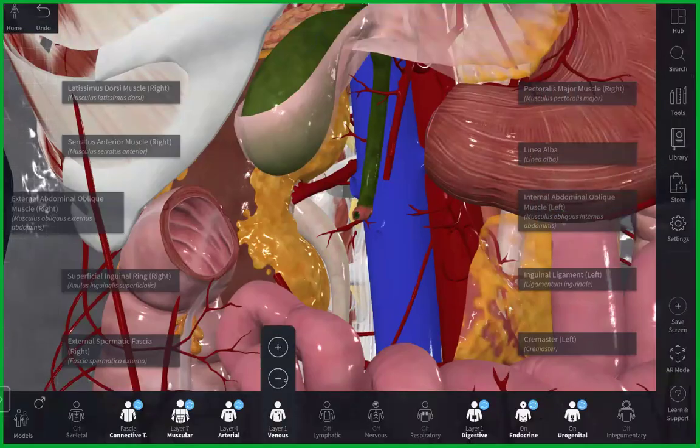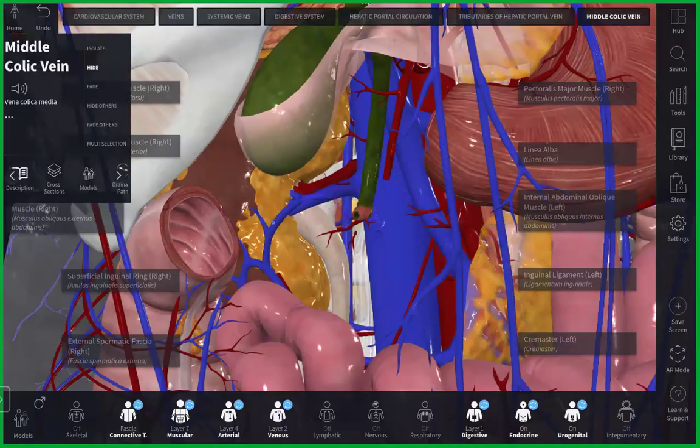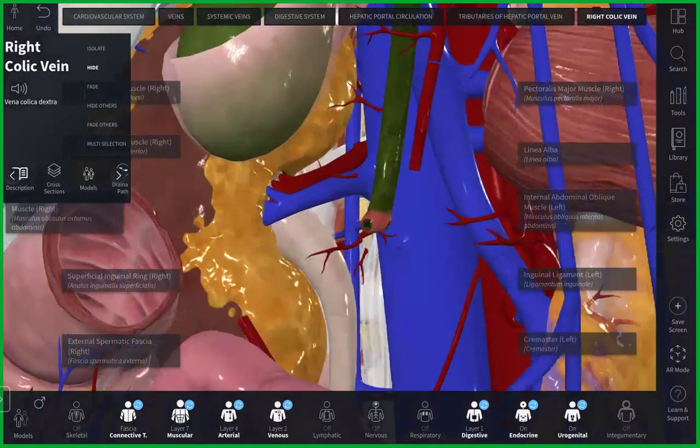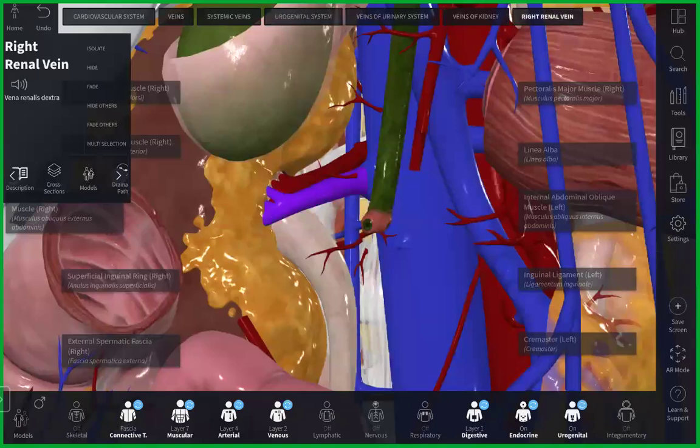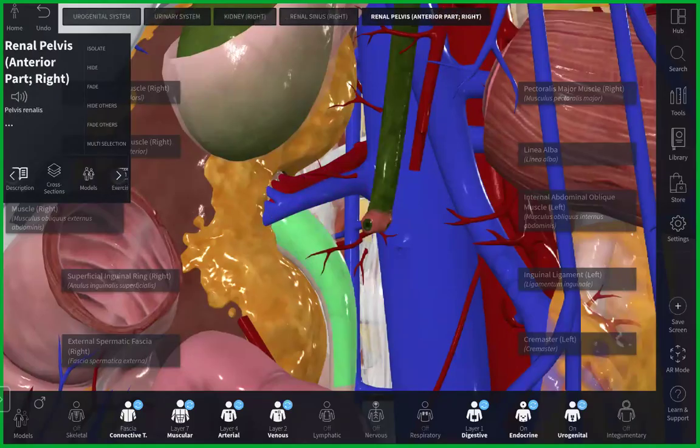Okay, let me add the vein too, so you can see it properly. So we have hilum structures, kidney hilum structures behind second part of duodenum. We can see right renal vein. Then we have renal artery. Then we have renal pelvis. So all three will come posteriorly to second part of duodenum.